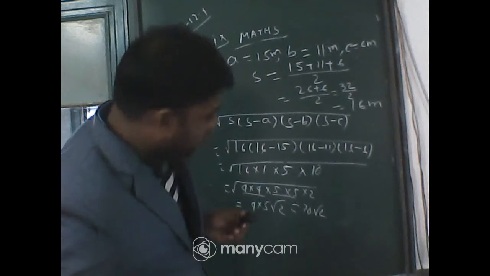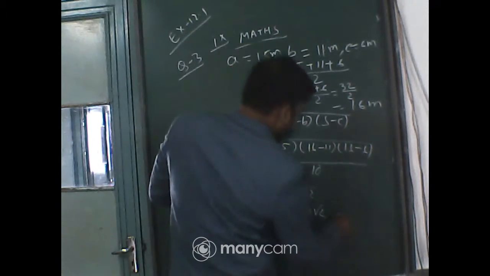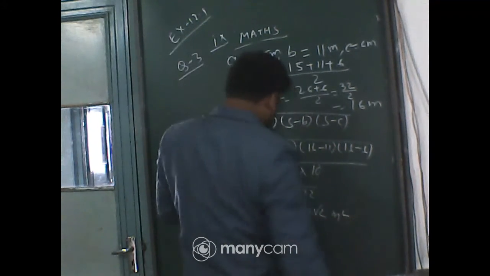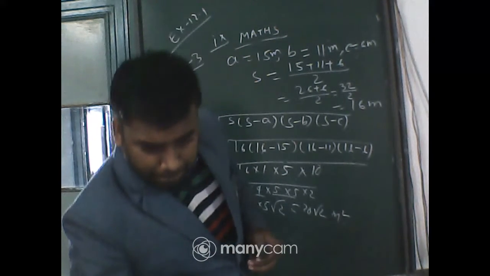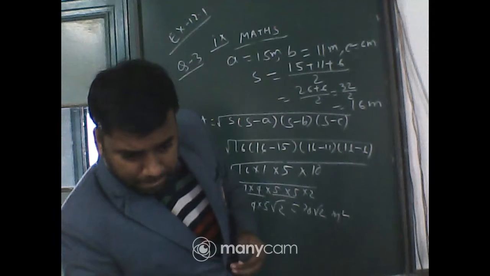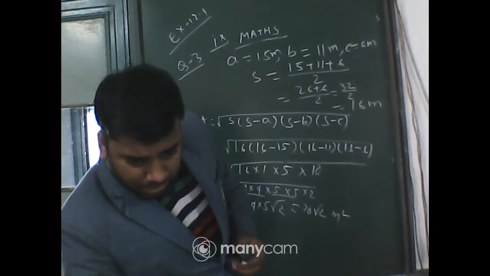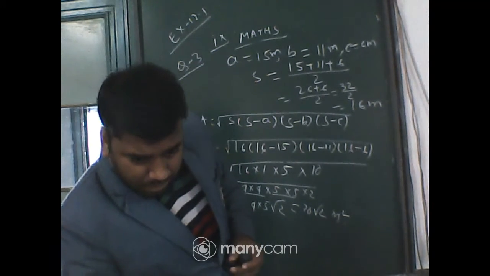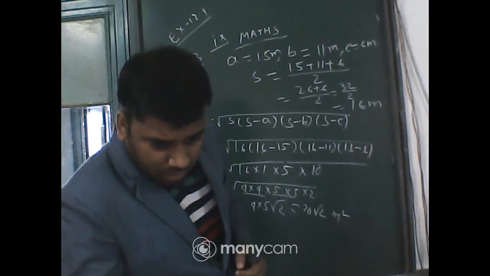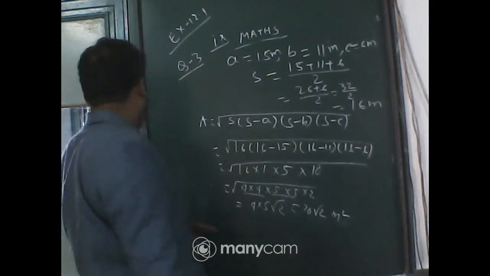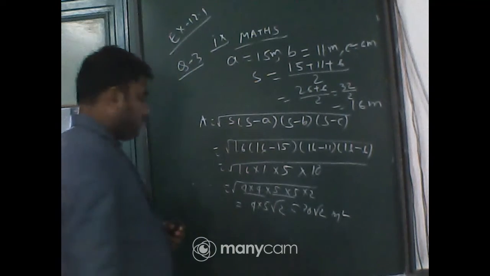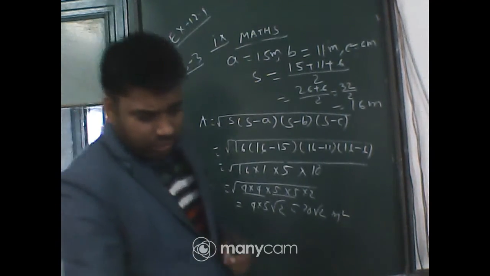Got it, everyone? Yes or no? If you put the value of root 2, that is 1.41, then you can get the value.